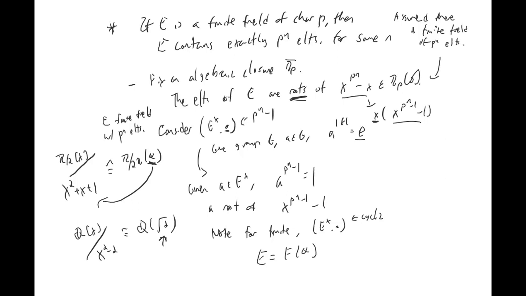We can actually define it this way. Normally, we would have to quotient out by irreducibles, which is very annoying. Like, how do you know root 2 exists? Well, because we constructed the field by modding out by x squared minus 2. There's an easier way for finite fields, and it's based on this.